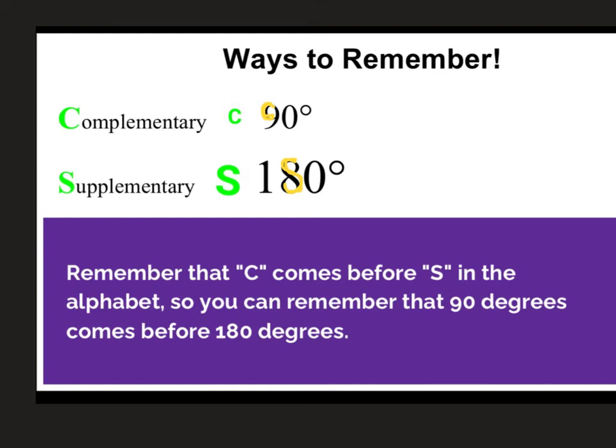That's one way to help. Second way to help is, remember, C comes before S in the alphabet. 90 is less than 180, right? 90 comes before 180 on a number line. So C, complementary, comes before S, supplementary. Two ways you can help yourself remember those.